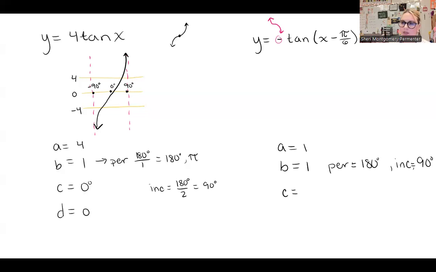Instead of starting at 0, I'm going to start at pi over 6, and since it's negative, I start positive. So it's at positive 30 or pi over 6. And then D is also 0.